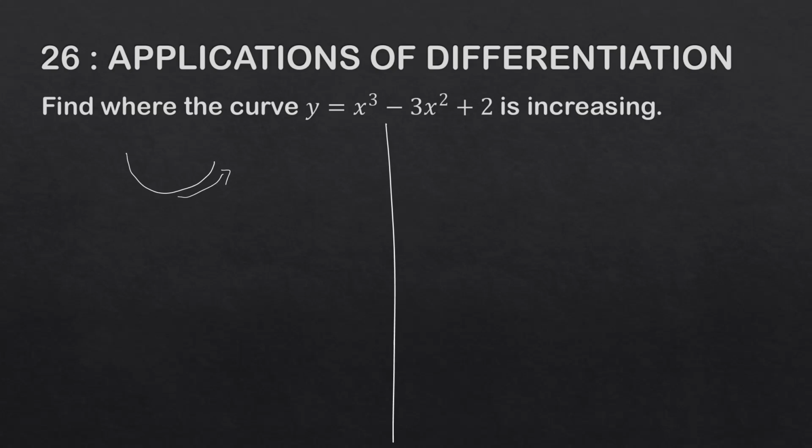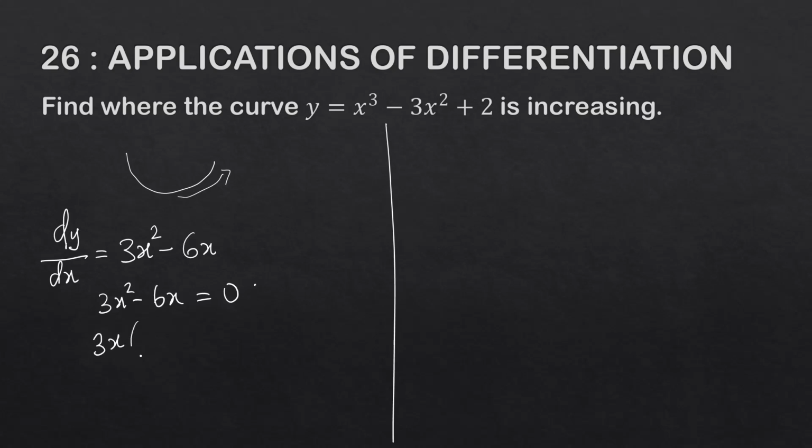So I am going to find that by finding dy/dx. So first of all, I'm going to say dy/dx is going to be equal to 3x squared minus 6x. Now I'll say that 3x squared minus 6x is equal to 0. Therefore, we'll have 3x bracket x minus 2 equal to 0.